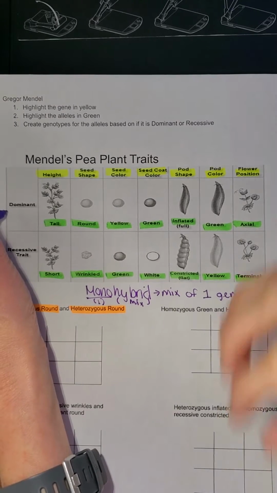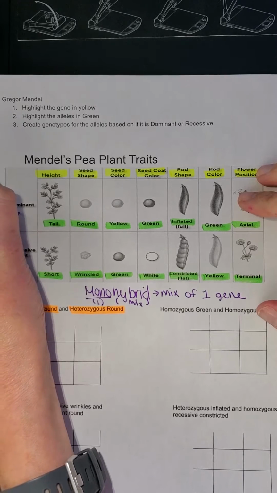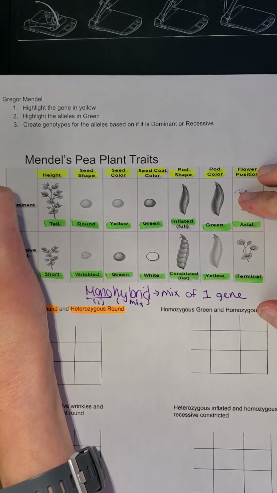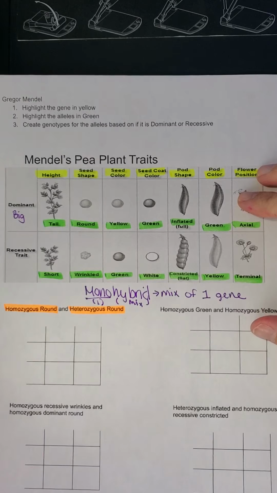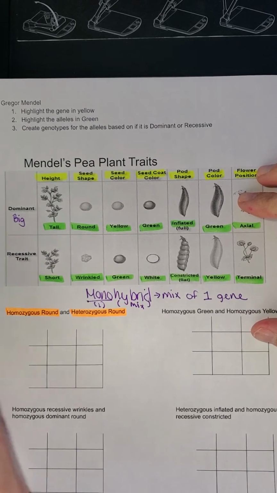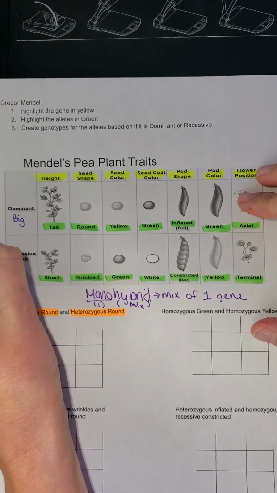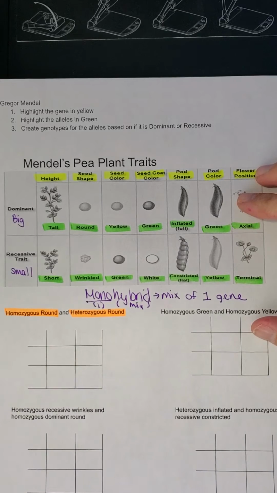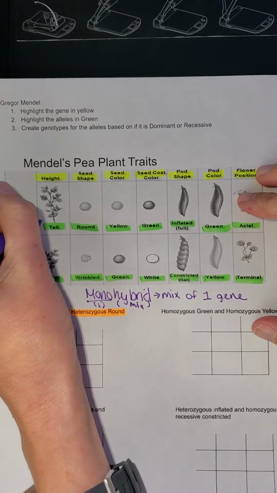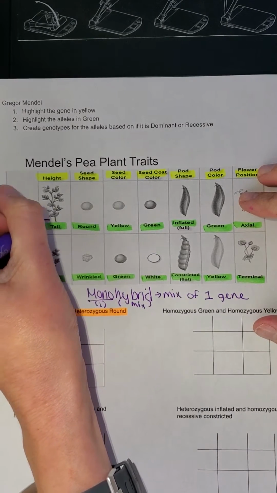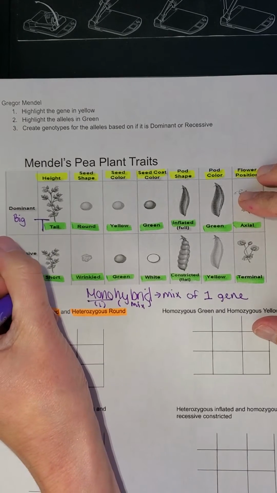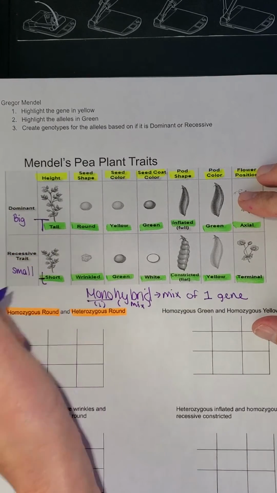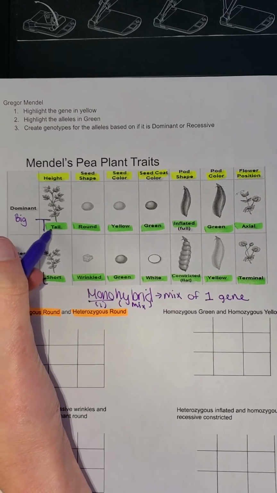So all dominant things have tall letters or big letters. And if it is recessive, it has small letters. So then tall is going to be a big T, and recessive, short, is going to be little t. You cannot change your letter.